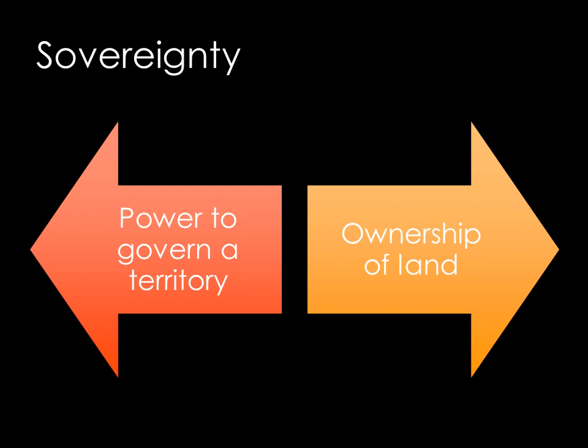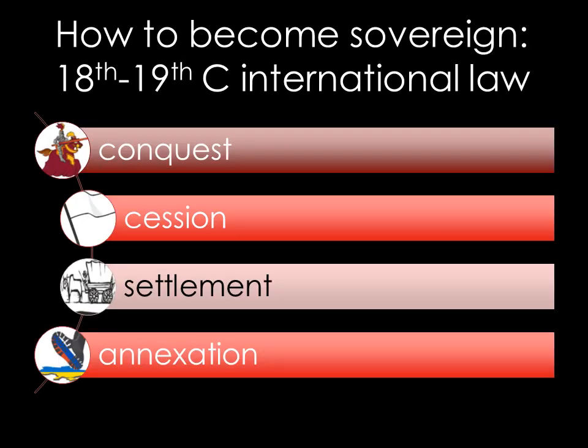One is the power to govern a territory, and that really represents its contemporary understanding, and the second is the ownership of land. Now these two components of the idea of sovereignty as it was originally understood are going to become very important as we work through the story of land title in Australia.